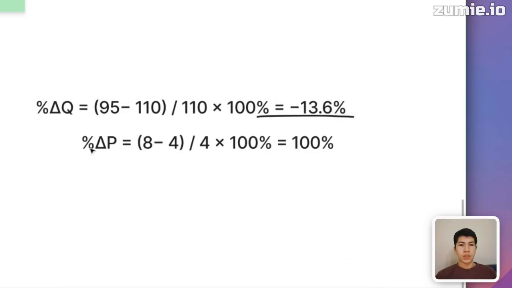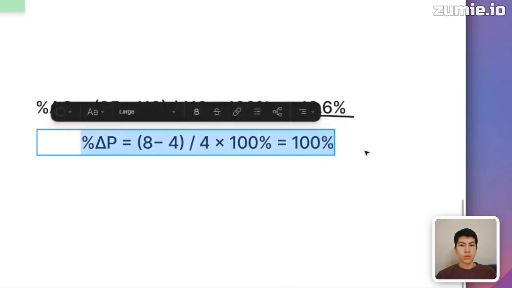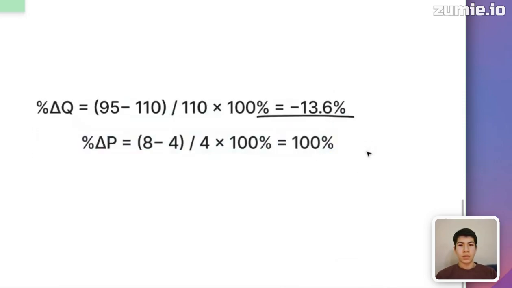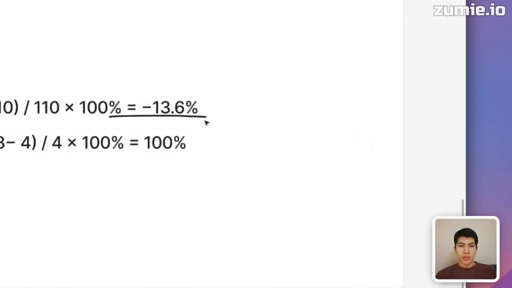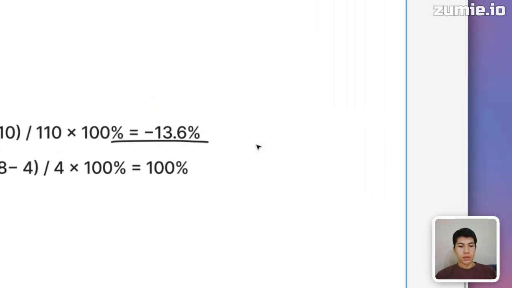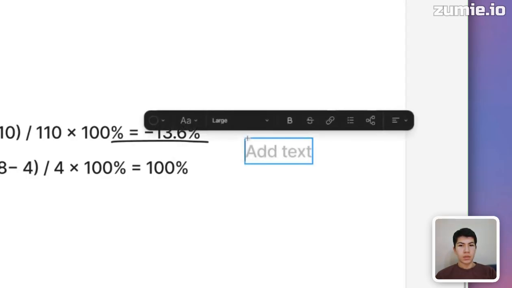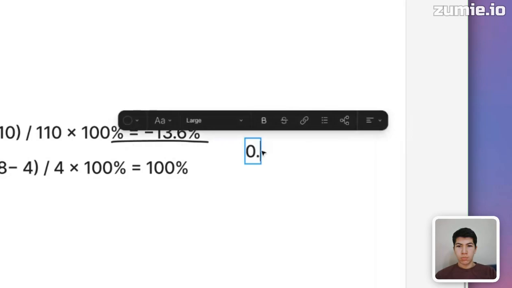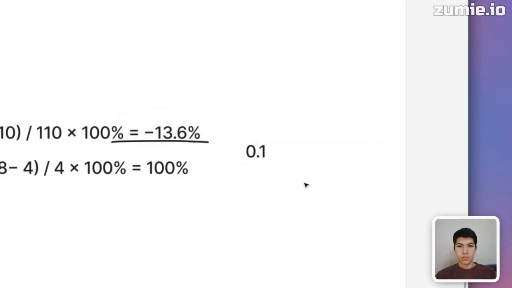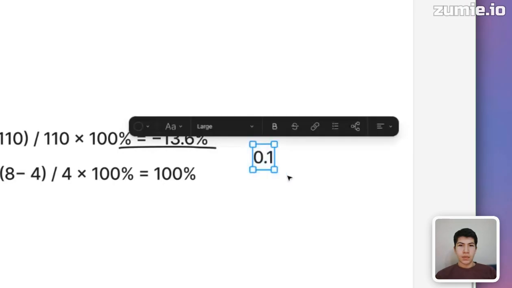And change in price, we can see that it has doubled. It increased by 100%, and drawing a line here, the overall total elasticity is 0.1.